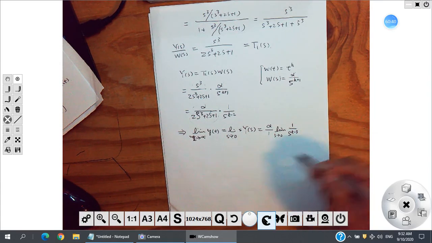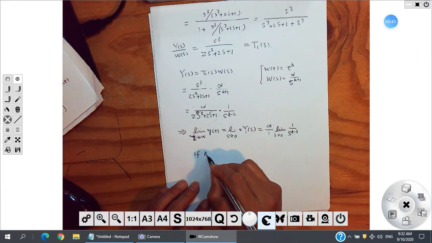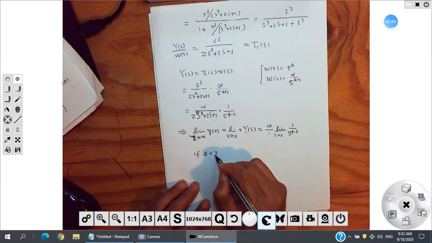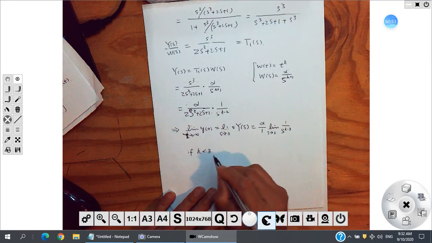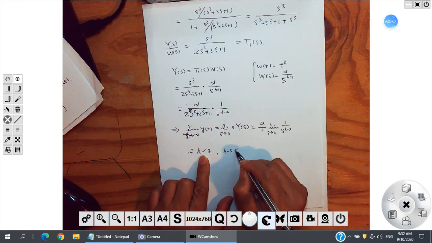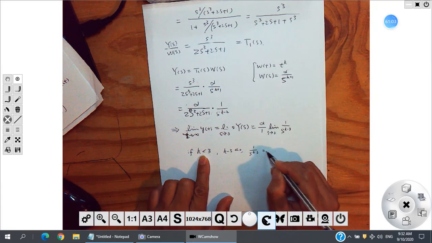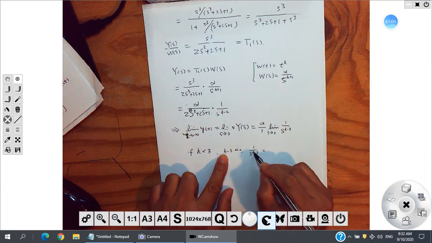Okay. If k is smaller than 3, oh, it's good. Yeah. If k is smaller than 3, then k minus 3 is smaller than 0. So 1 over s to the k minus 3 has a negative power in the denominator.